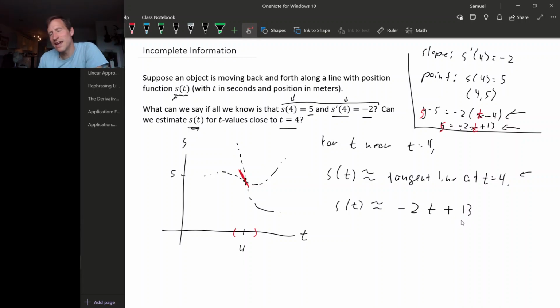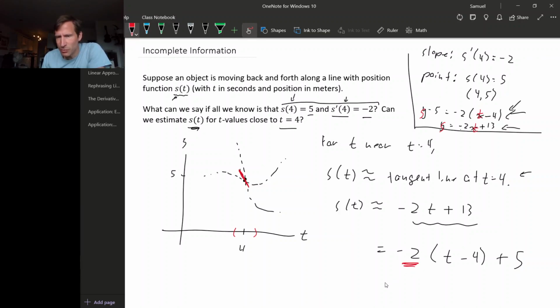But I think this is one case where actually multiplying everything out makes it less clear what's going on with this formula. So let's leave it in the original form. So we had minus 2 times t minus 4 plus 5. And this minus 2 is here because that's the derivative at 4.